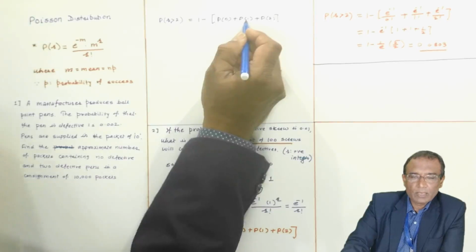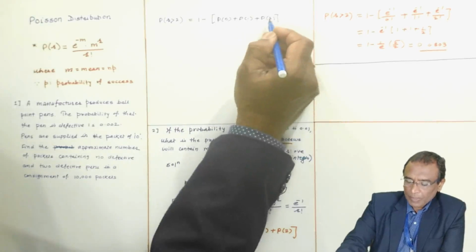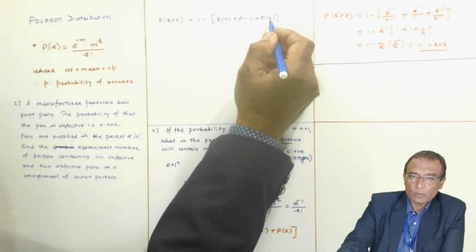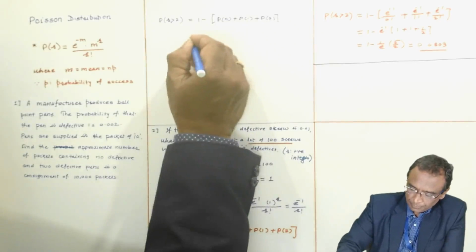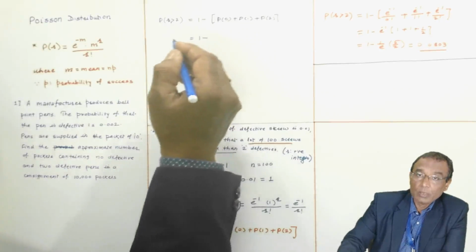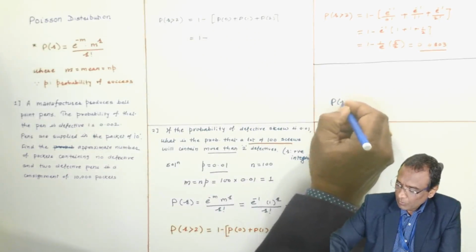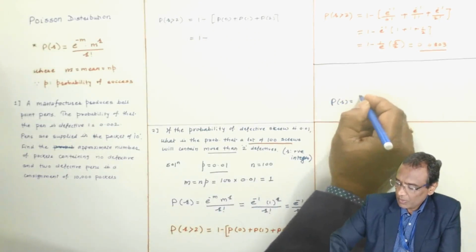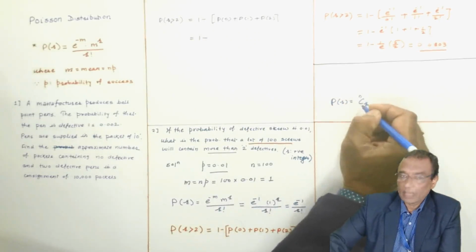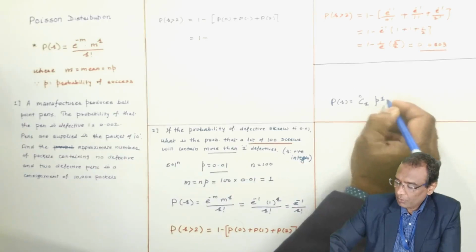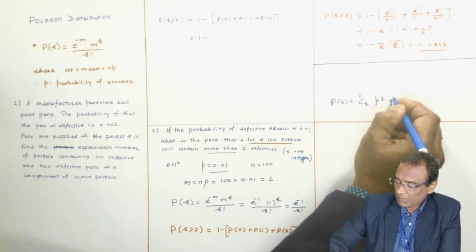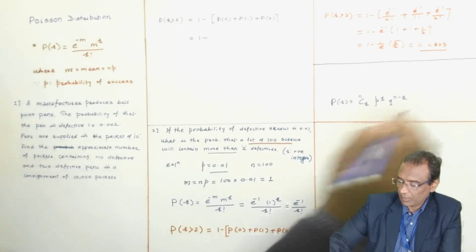P of 1 is the probability of 1 defective screw in a lot of 100. P2 is the probability of exactly 2 defective screws in a lot of 100. And what is the binomial distribution formula? It is nCr, P to the power r, multiplied by q to the power n minus r.